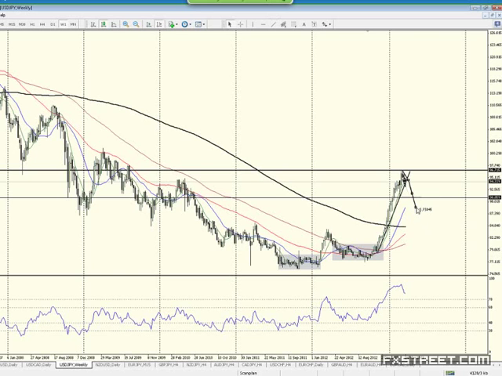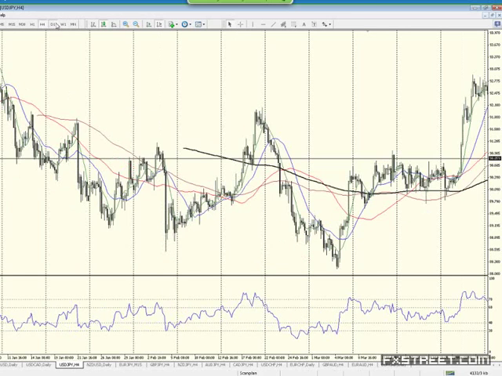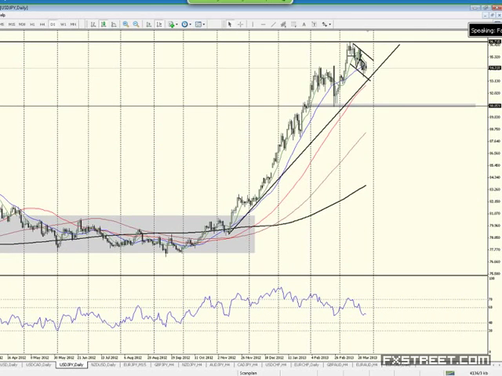So 91, 90, those would be sort of my maximum bearish target if there is a break below this rising trend line. Okay. All right.